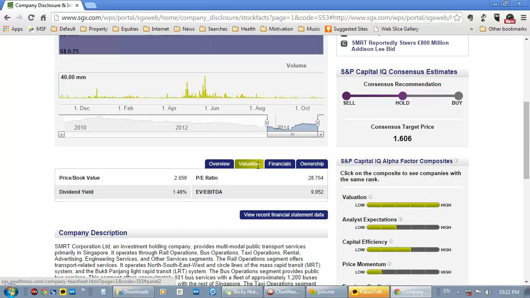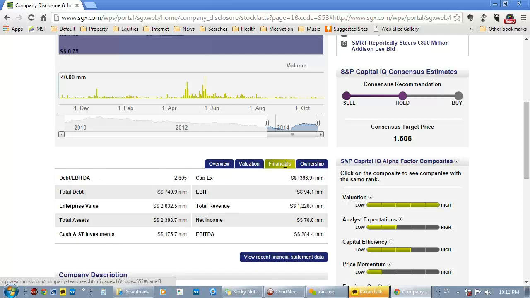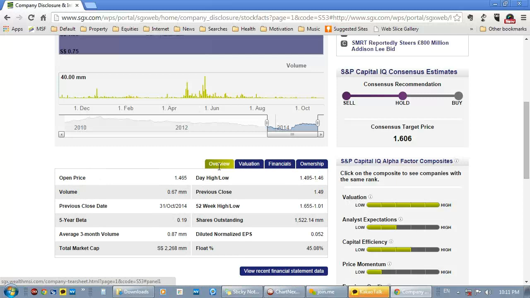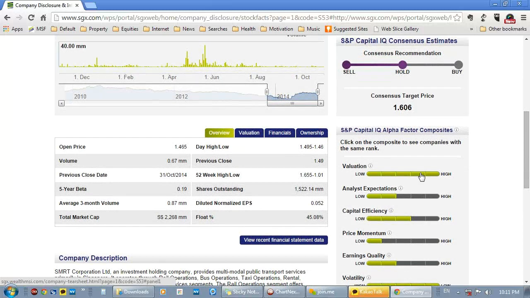So financials, you can look at the financials. You can look at the overview, look at the float. Even some people are interested in the float of a company. Okay, they also give you the ranking. Okay, valuation, how high is the valuation? Now valuation is quite rich. Analyst expectation is low, things like that.